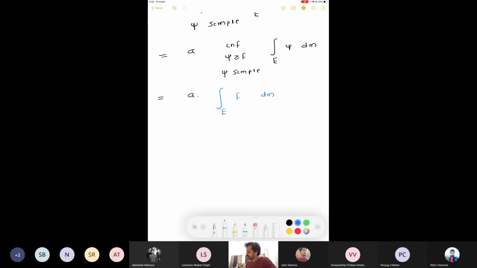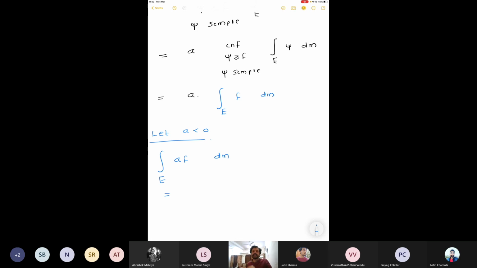Now let A less than 0. A equal to 0 is trivial. A less than 0. Now the integral over E of AF df. In order to integrate a bounded measurable function, you take a simple function greater than or equal to that function or less than or equal to that function, depending on which approach you want.